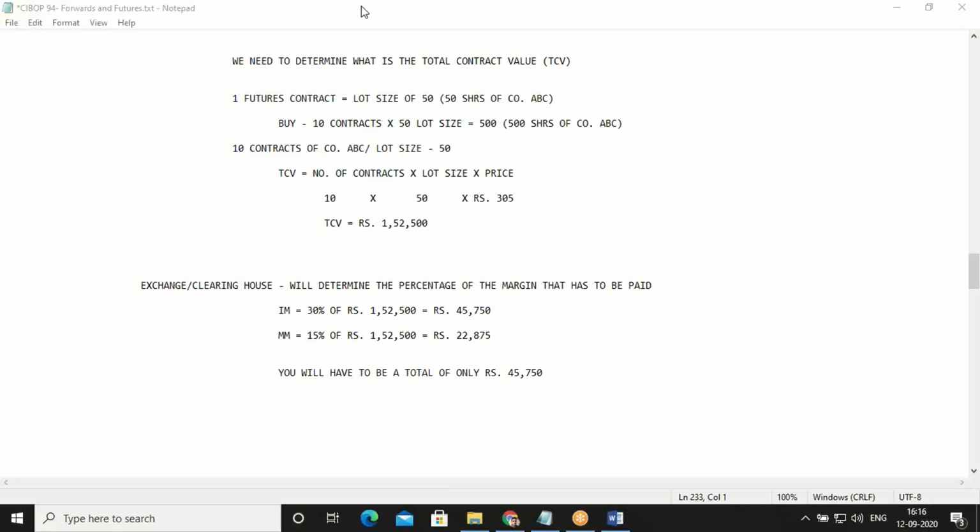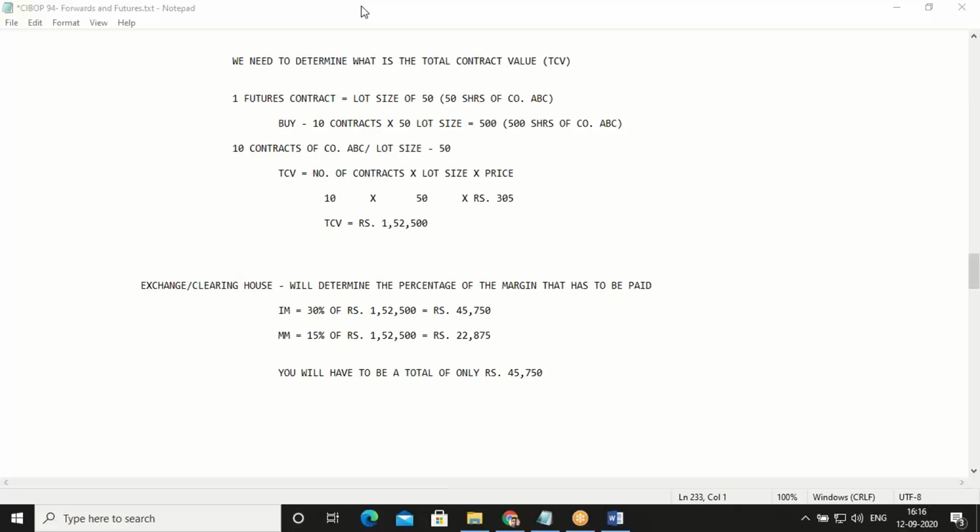Now, if it's a forward contract which is customized between you and I, is it going to be very easy or difficult to find somebody who will take that trade for you? It's going to be very difficult or almost not possible, right?